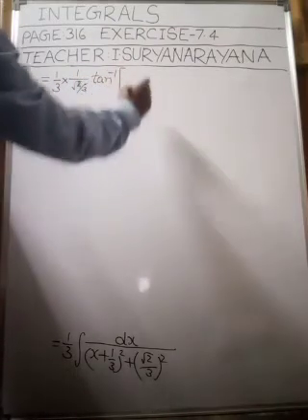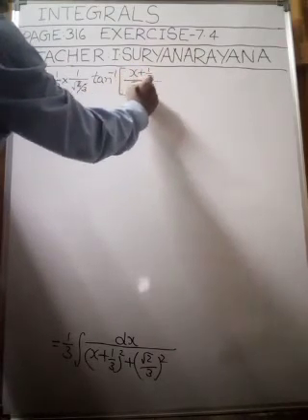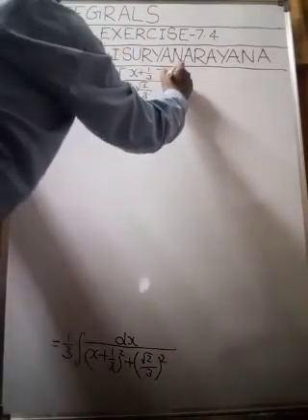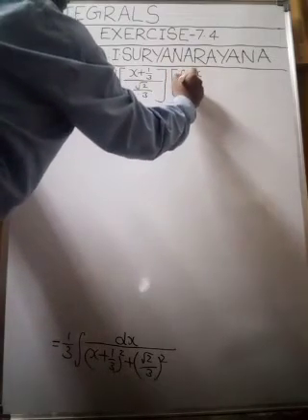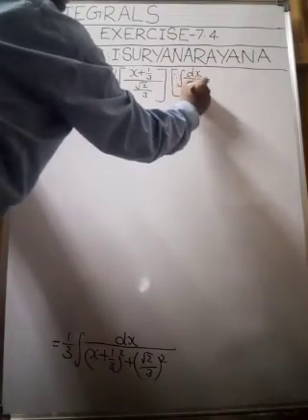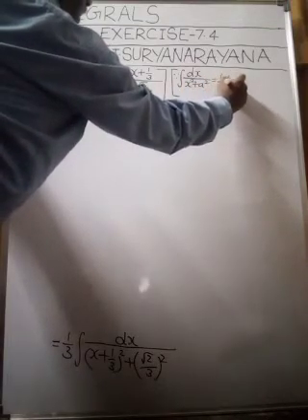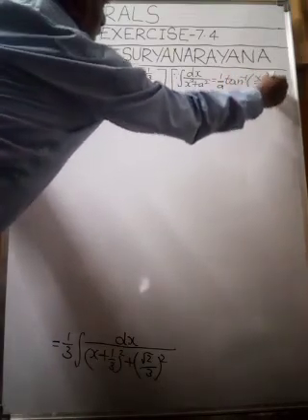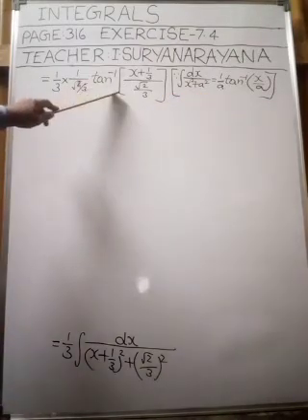What is x here? x plus 1 by 3 by a, root 2 by 3. Because integral dx by x square plus a square is equal to 1 by a tan inverse of x by a. By using this standard integral formula, I wrote this step. Understood this step, my dear children?